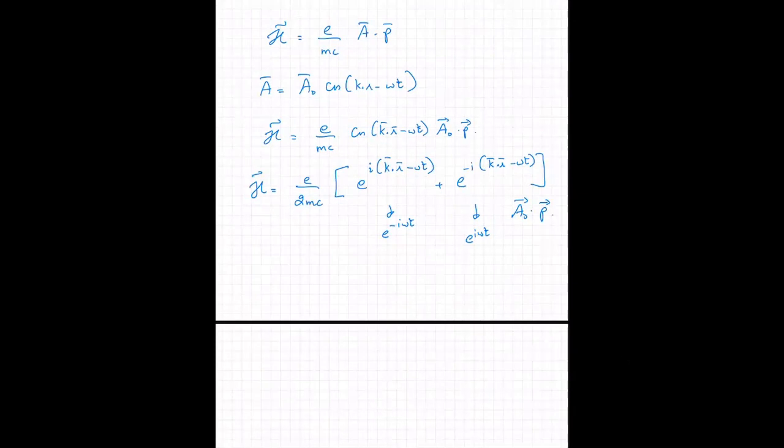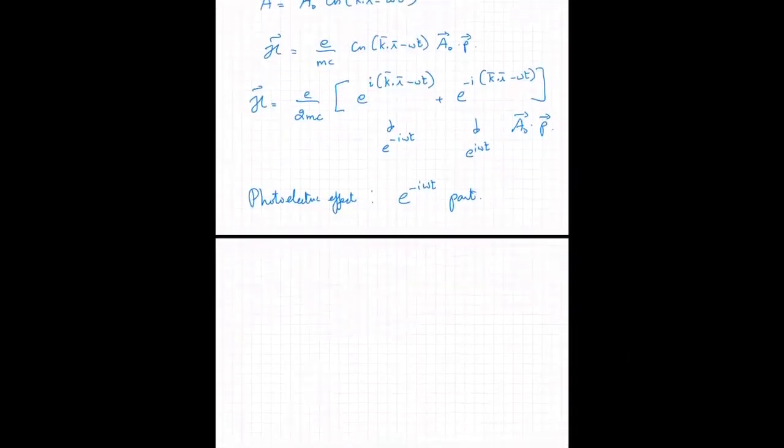So we have to deal with the fact that to describe the photoelectric effect, we need to use that part of the perturbation which allows for the possibility for the final state to have a larger energy than the initial state. And this will only come from the e to the minus i omega t part. So for the photoelectric effect, the relevant part of this Hamiltonian is the e to the minus i omega t part.